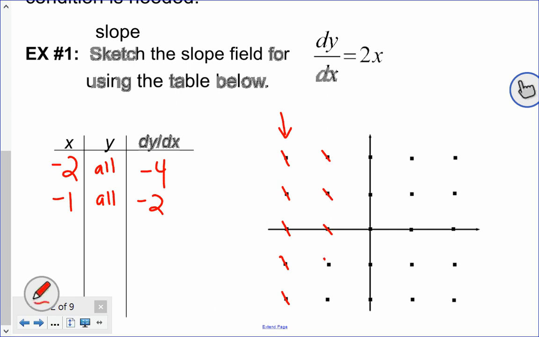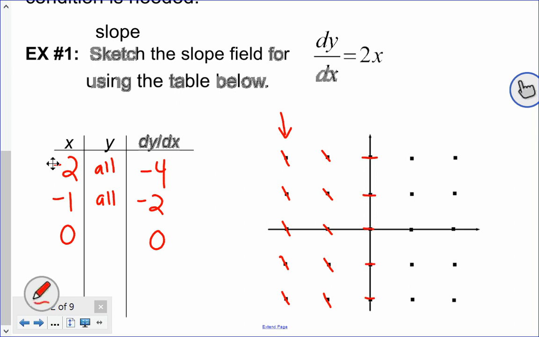Then I go through and make my little segments. Now let's try when x is 0. When x is 0, you get 0 for the slope, 2 times 0. So everywhere that x is 0, you're going to have little horizontal tangent lines.